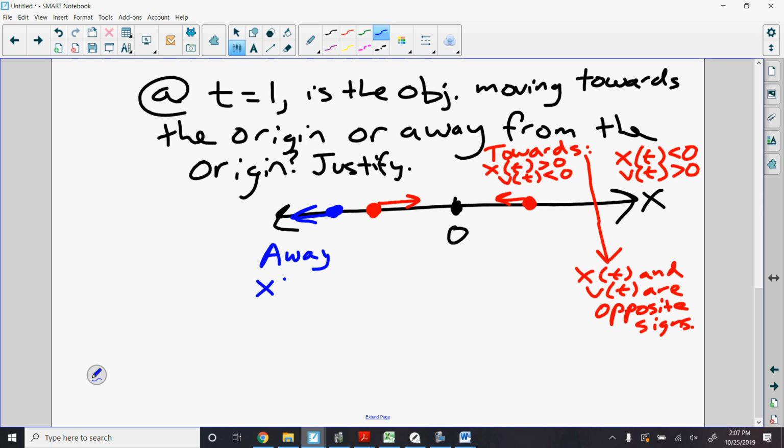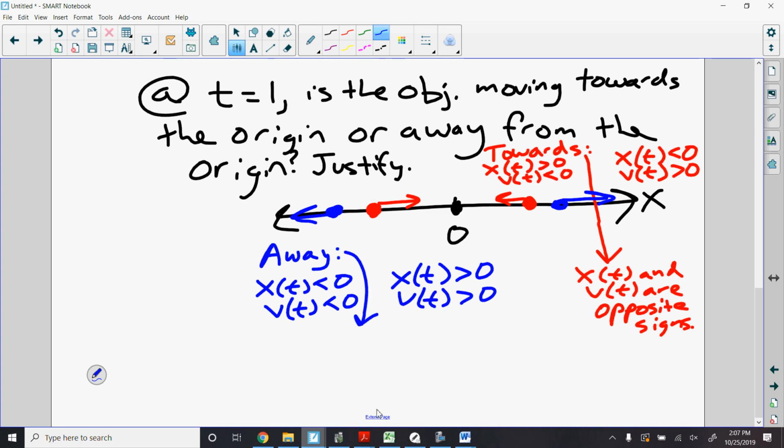So that would be x of t is negative, v of t is negative. Or if I'm right of the origin, I'm going to have to be going right. So x of t and v of t would both be positive. Therefore, the rule is to be moving away from the origin, x of t and v of t are the same sign.